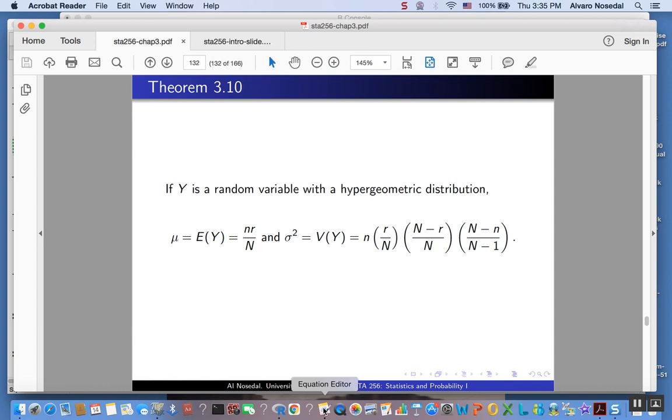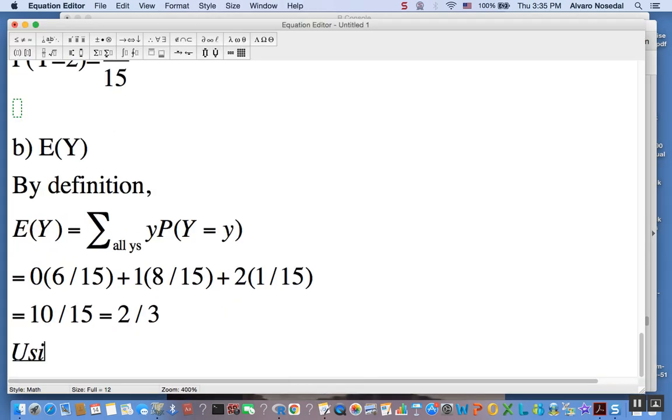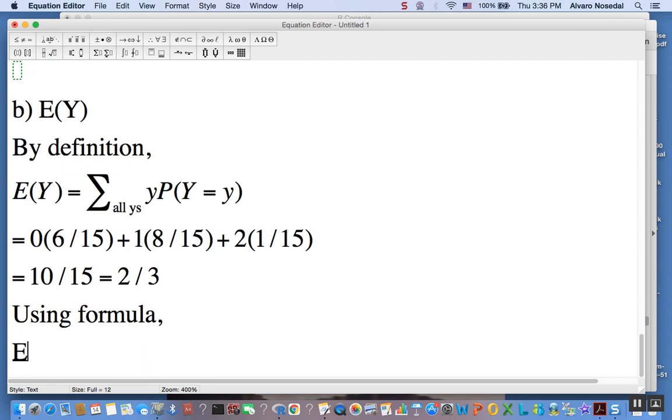So n times r divided by uppercase N. So using the formula, expected value of y equals n times r divided by uppercase N. Our sample size was 2, remember.